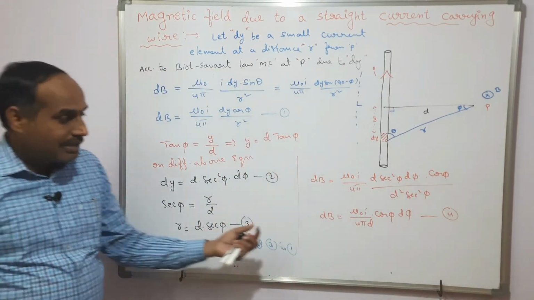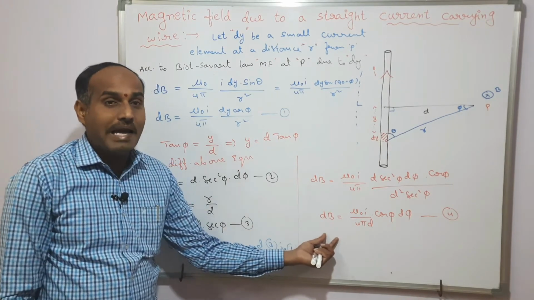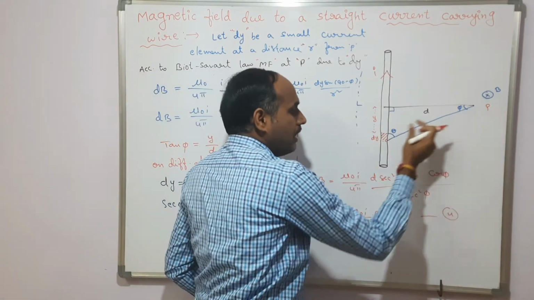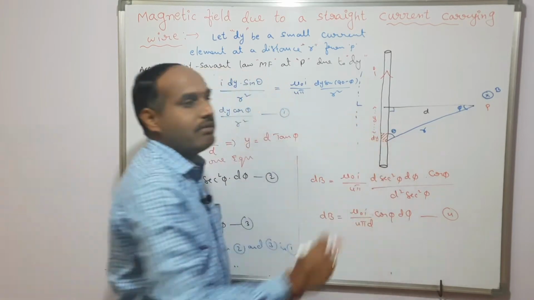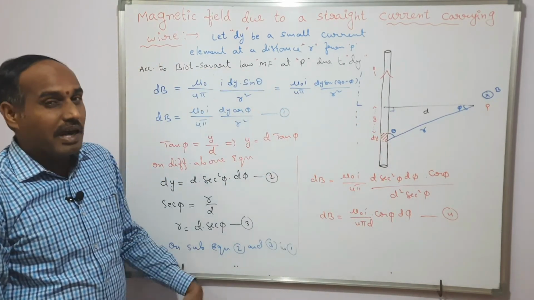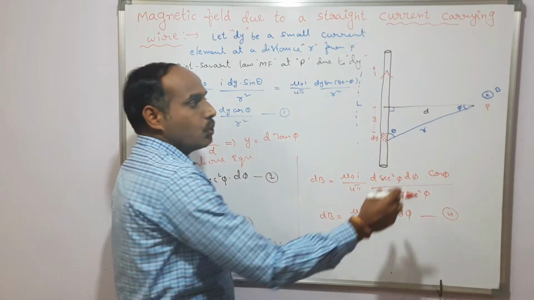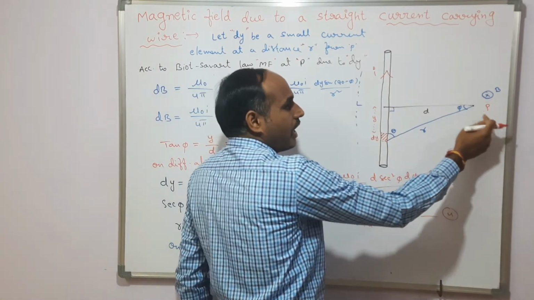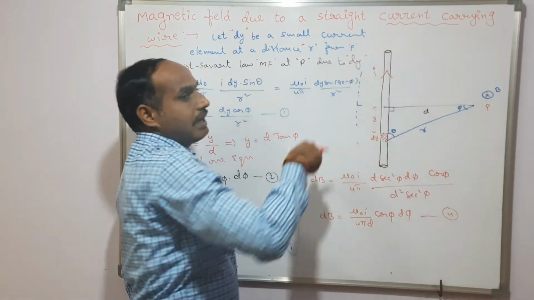So here this is the expression for magnetic field induction at a point P due to the small element of length dy of the current carrying wire. But our intention is to find the total magnetic field produced at a point P due to the entire length of the conductor.